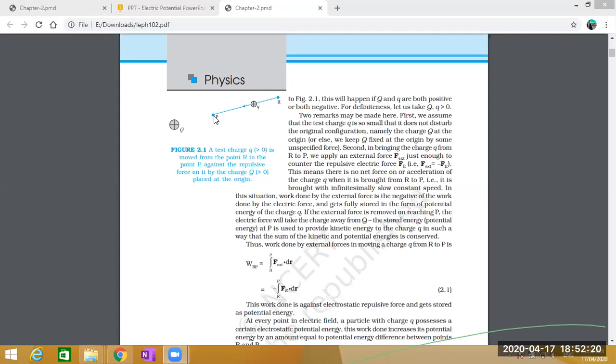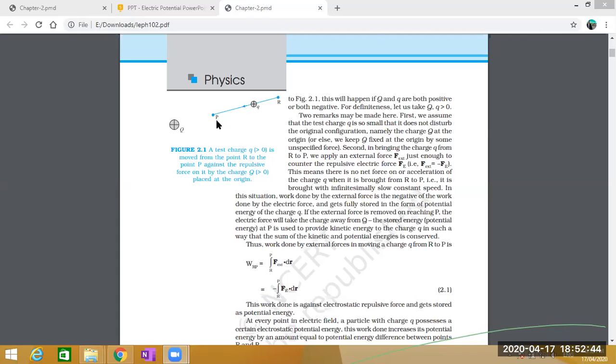And look, this energy will change if the location or position of this test charge changes from point P to somewhere else, from P to Q and P to R.